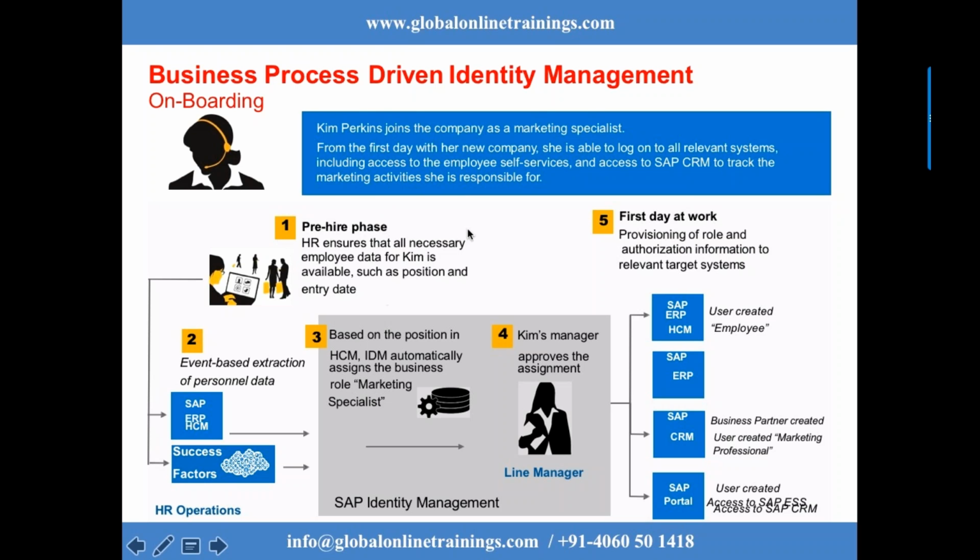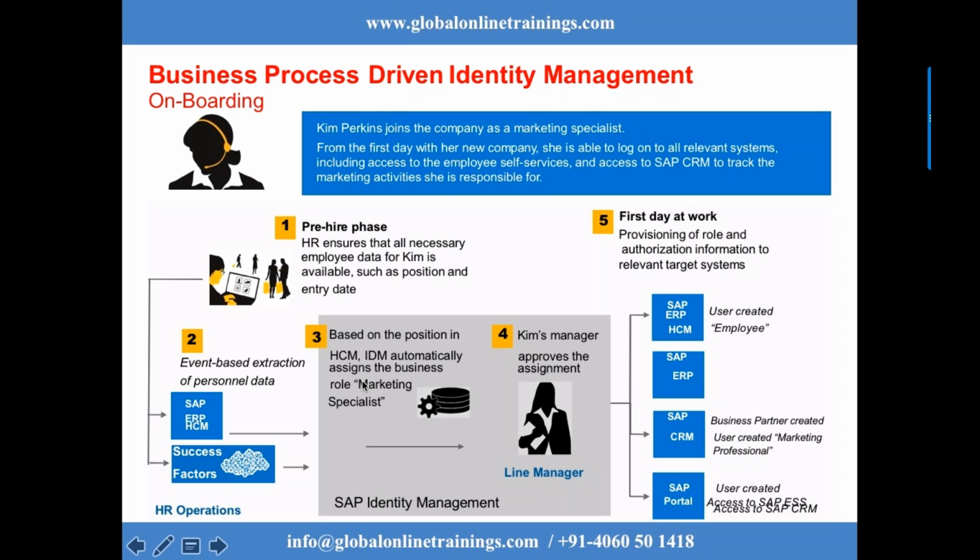HCM pushes this user into IDM, and based on the job, which is set as marketing specialist, it looks for the business role marketing specialist, assigns that business role, and then gets approval from the manager of the user. This step is optional.